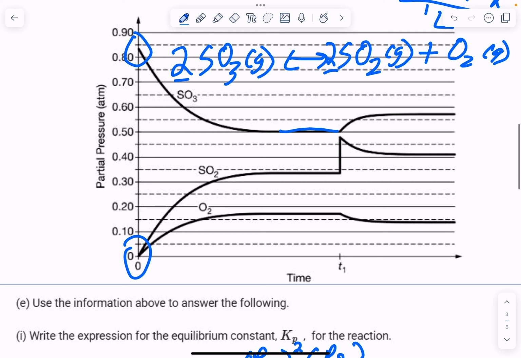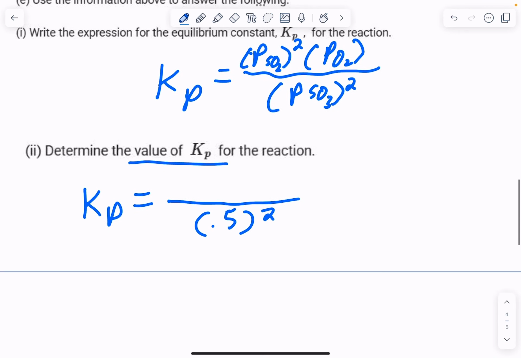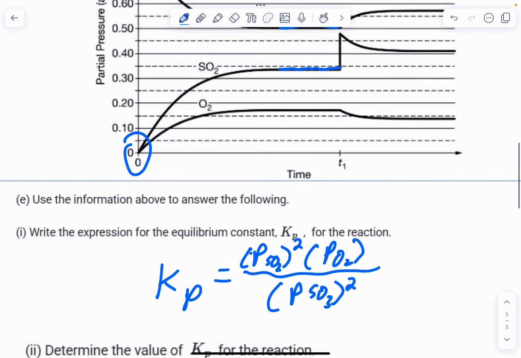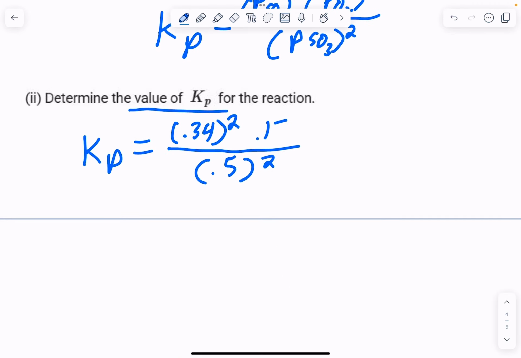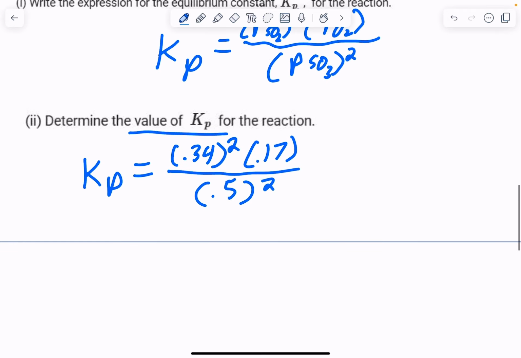And then it looks like somewhere just under 0.35, so let's go 0.34 for my SO2, so that's going to get squared. And then right here, it looks like it's just a bit above the 0.5 line, so I'm going to say 0.17 is where it's at for my O2. Then you just plug those numbers in to solve for it.